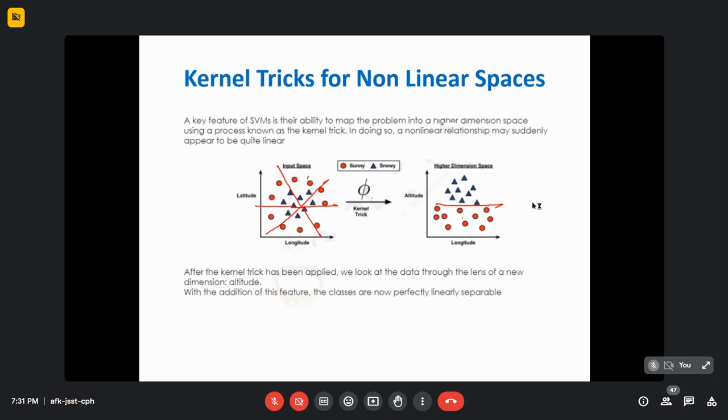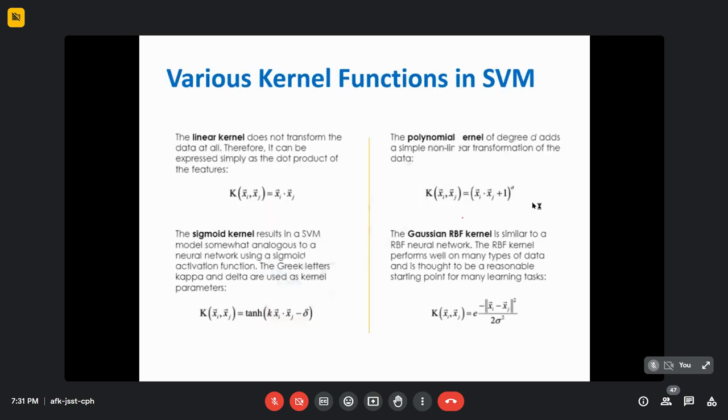Let's see now. When it comes to the kernel trick, we may have the linear kernel, the polynomial, the sigmoid, or Gaussian RBF. Suppose you know the pattern of your data.